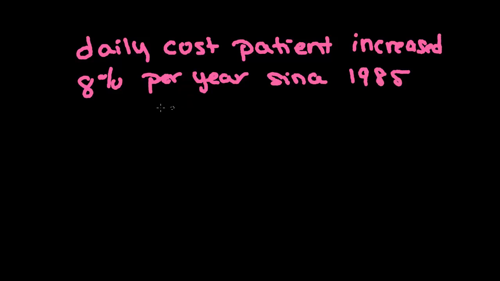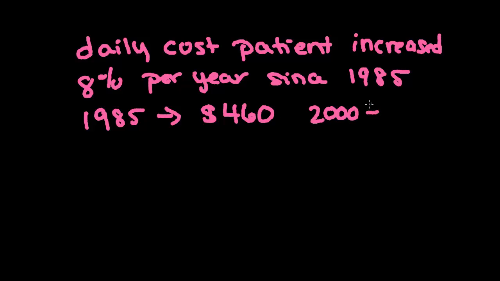So if back in 1985, the value or the cost for a patient per day is $460, then what would the same cost for the patient per day be in the year 2000?